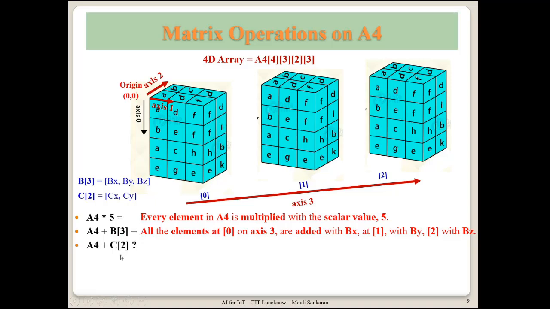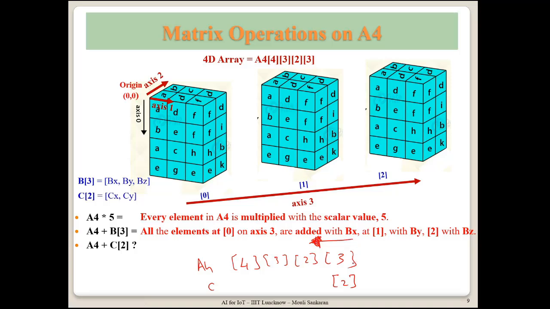When you give this, it is going to order it as 4, 3, 2, 3. This is A4. Now C is just a 2, so it is going to keep 2 here, and then it is going to perform the operation by the rule like this.